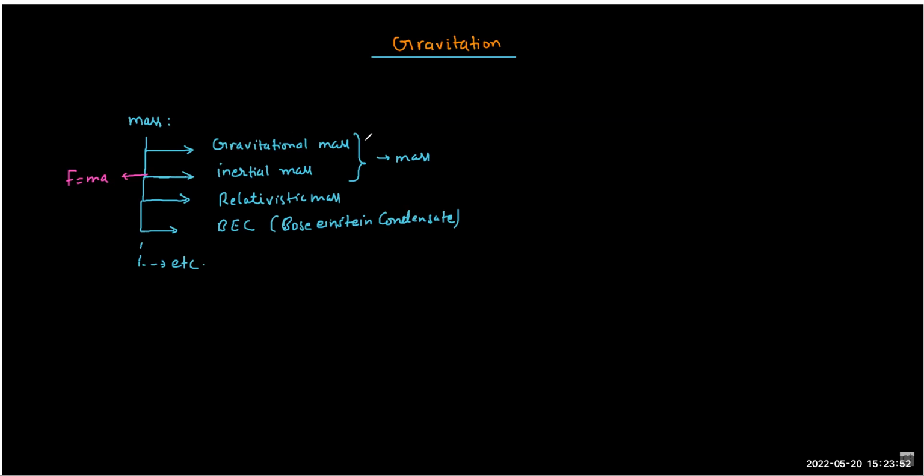And gravitational mass is what? Definitely this we are going to learn now. The mass which appears in the formula of Newton's law of gravitation, we call it gravitational mass. Okay.